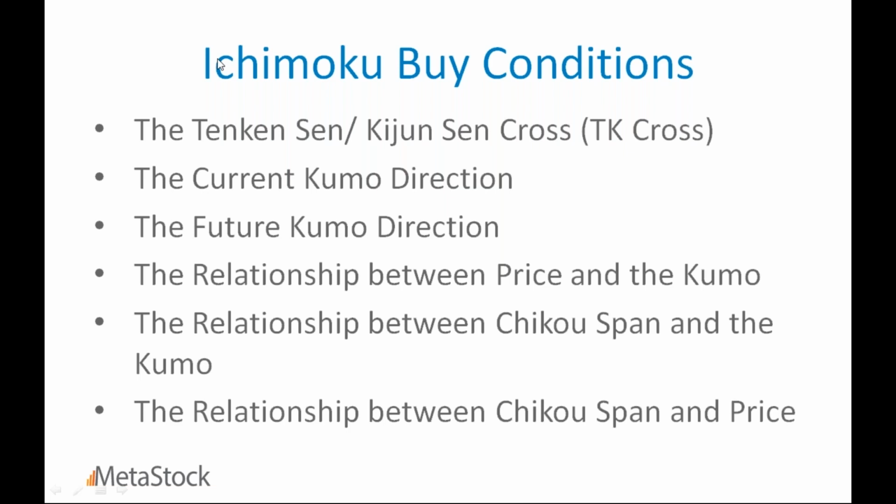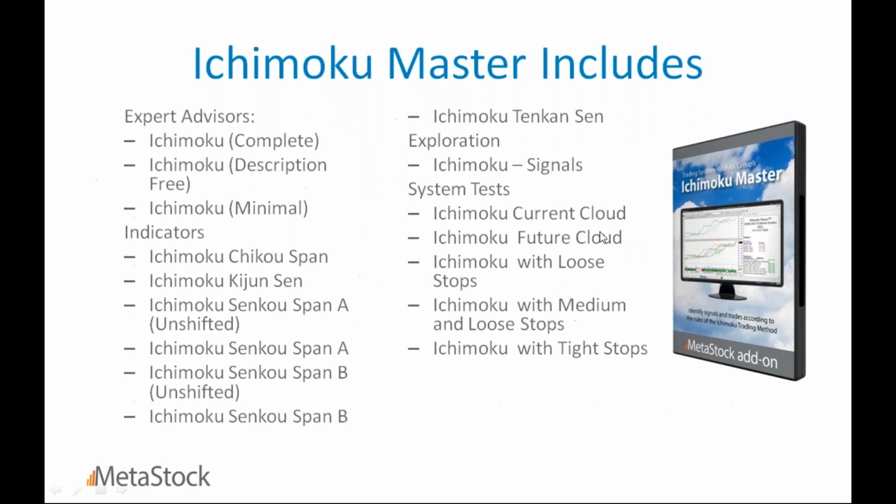Ichimoku, and I think Robert would totally agree with me, is a lot of indicators to keep track of. It is a lot, which is the whole reason that Ichimoku Master was made, because a lot of people have found a lot of confusion. They will spend months trying to get their head wrapped around looking forwards and backwards, because we're not really designed for doing that.